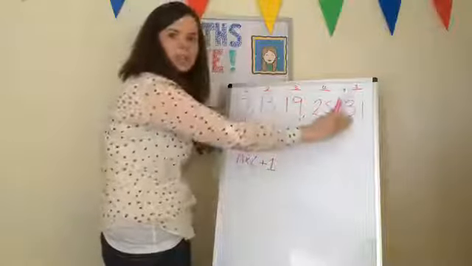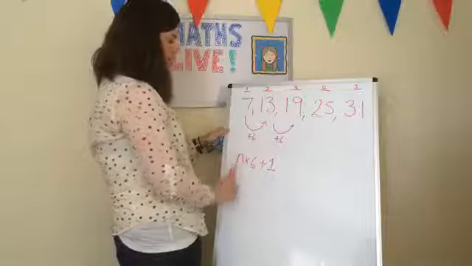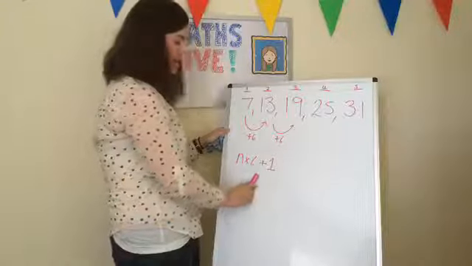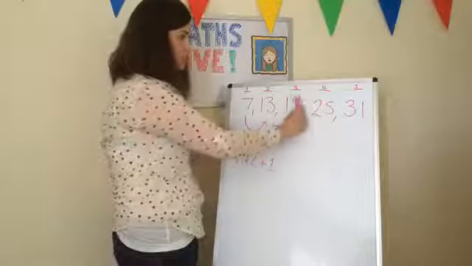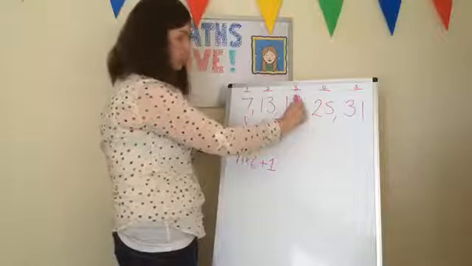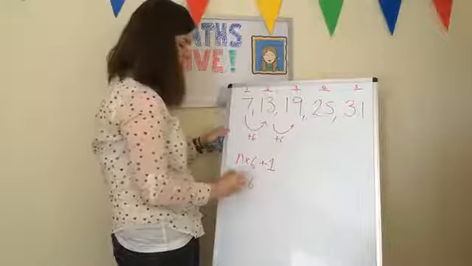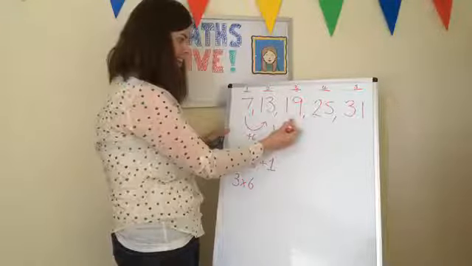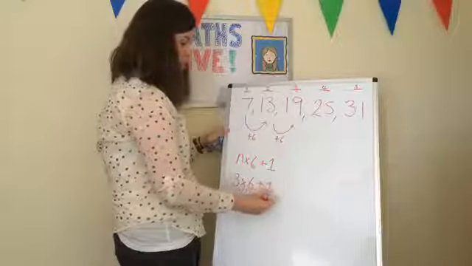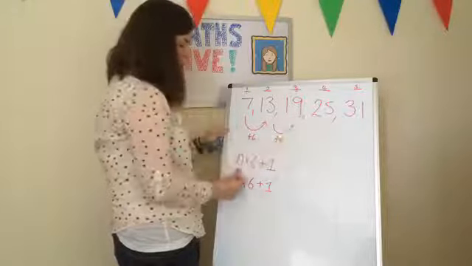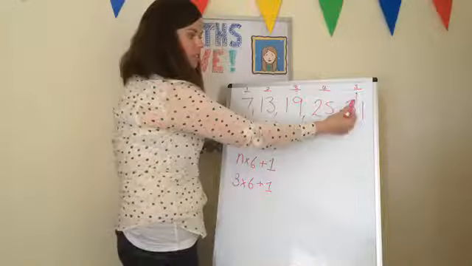Does that work with every single number? Can I times any of those terms by 6 and add 1 to get the answer? Let's take the third term. So if I change that n to 3 and I times it by 6, 6 3s are 18, and if I add the 1, that makes 19. What if I change n to the 5th term?